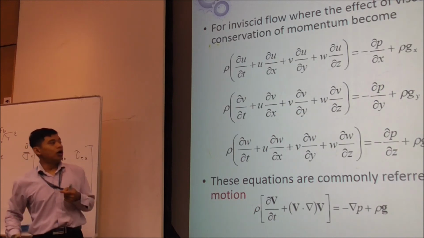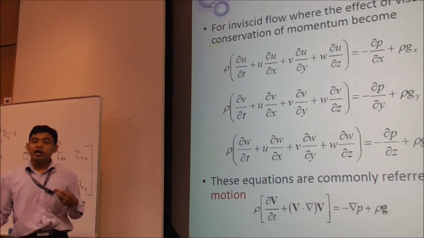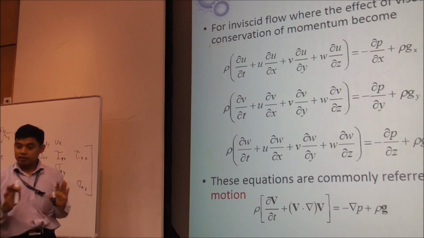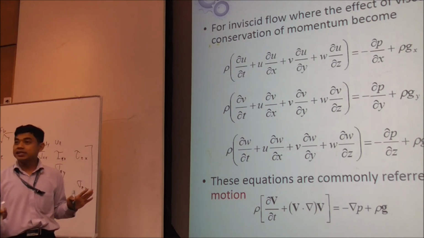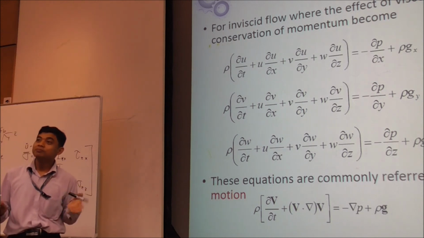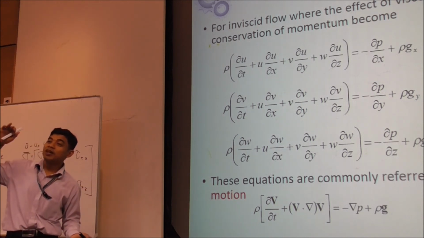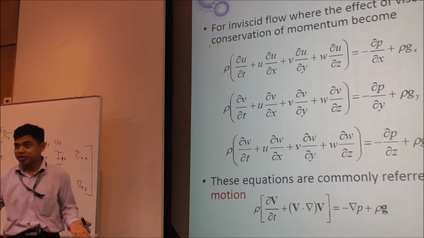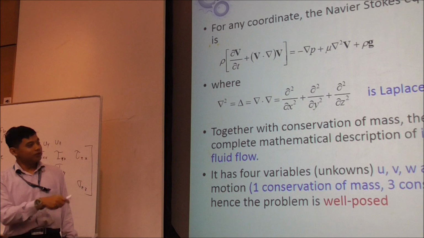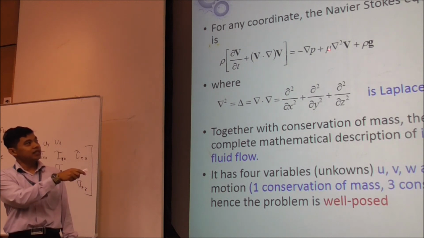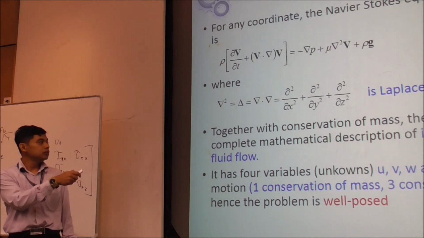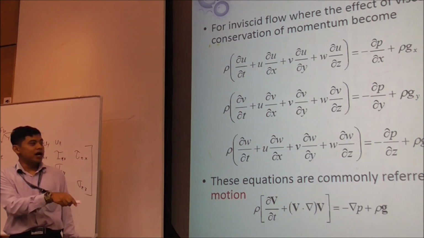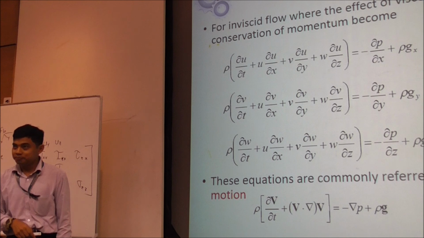Okay? So if you want to take the simplification further, you assume that the flow is inviscid. You remember inviscid flow? Inviscid flow is where the viscous effect is negligible, right? When you do that, of course, the viscosity becomes zero. Then you end up having only this, and this one is called the Euler equation.